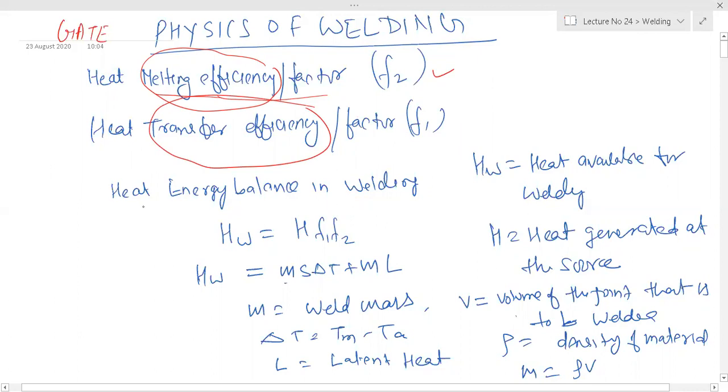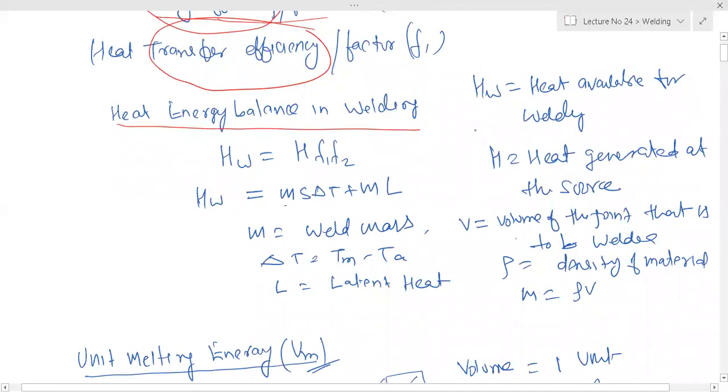And then we did a heat energy balance in a welding process. Already we have discussed everything. WH was the heat generated at the source, and when we multiply with these two factors, F1 is less than 1 and F2 is less than 1. Generally, the heat transfer factor is greater than F2.